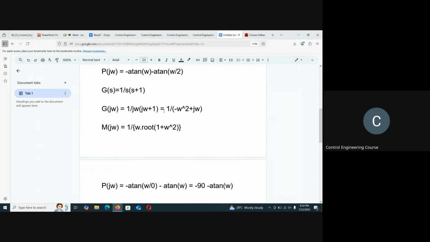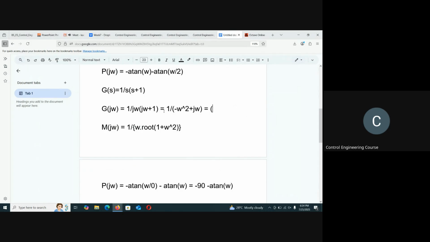So if you take the conjugation, what will happen? You know how to perform conjugation, right? Make the denominator real. Multiply and divide by minus omega square minus j omega. What will happen?